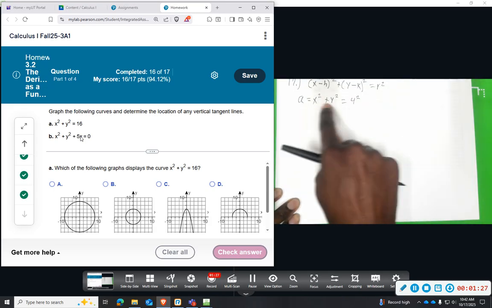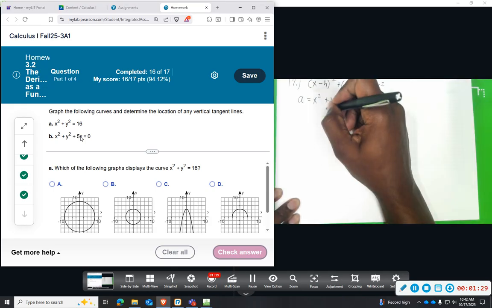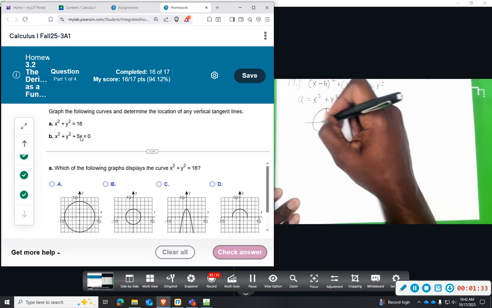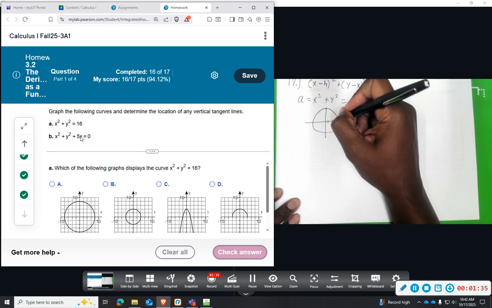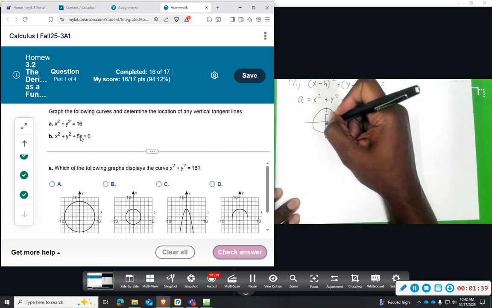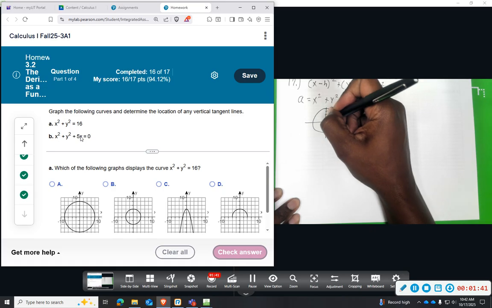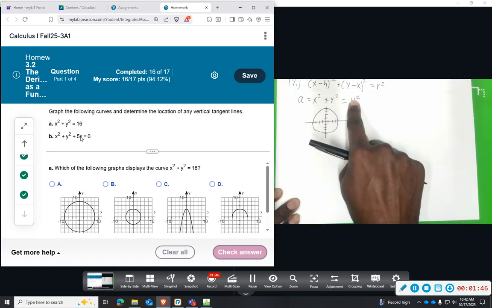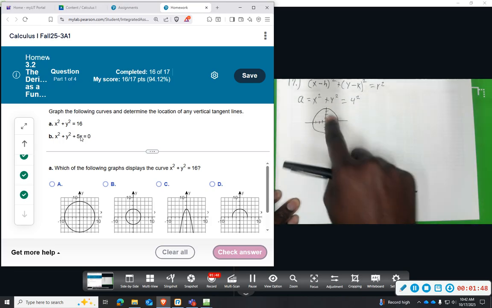So that means I'm going to have a circle with a radius of 4, centered at the origin. So 1, 2, 3, 4 each way. So my circle will have a radius of 4 and be centered at the origin.